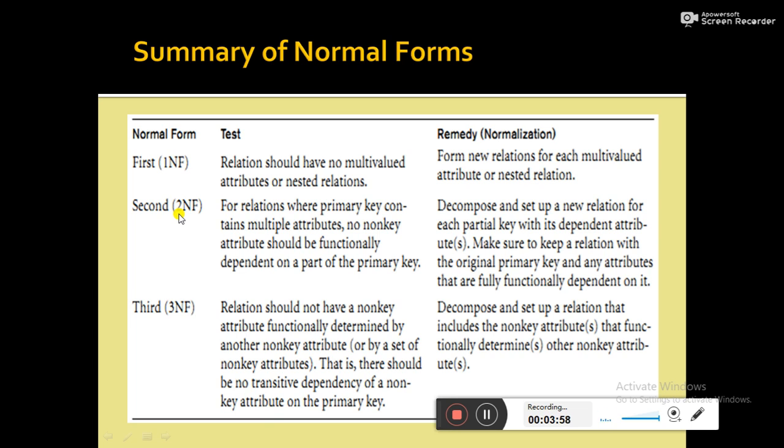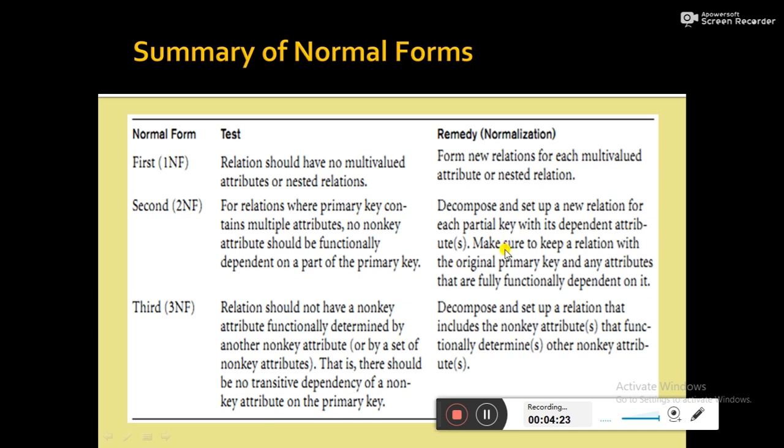Again, I am repeating it. If one of the non-prime attributes is not fully functionally dependent on the composite primary key, then relation R is not in 2NF. So to convert it into 2NF, we have to decompose the relation and set up a new relation for each partial key with its dependent attributes.